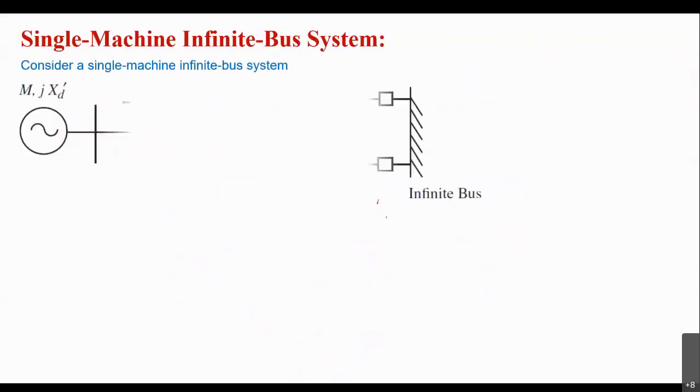So let us consider a single mesh infinite bus system. In this class we cannot analyze in great detail because of the limited time, but we can go ahead a little with how we are considering the system.